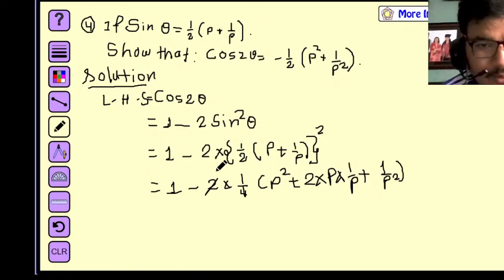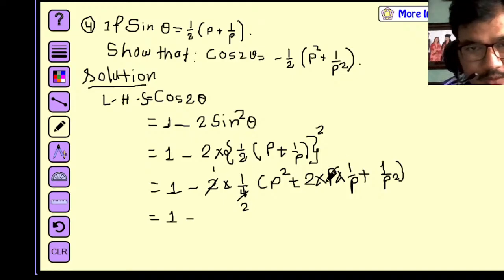Now when you cancel, 2 1s are 2, 2 2s are 4, here remains 1 by 2 only. Now look children, 1 minus, let's open this bracket, here also p cancels. Then when you multiply with this 1 by 2, it will come minus 1 by 2 p square.